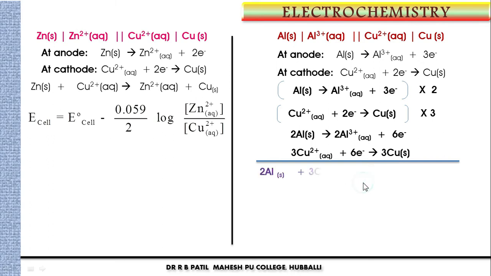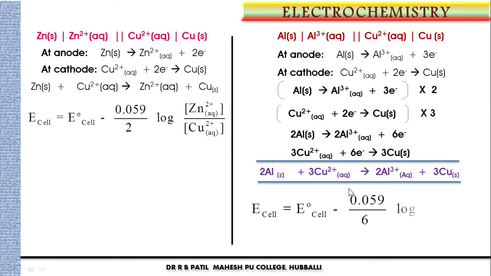Cancel electrons, remaining you can write as a net cell reaction, and for this cell reaction you can write Nernst equation. So number of electrons involved is equal to 6 because Al converted to Al3 plus, but 2 are there, hence 3 plus 3, that is 6. Product ion concentration to the power number of moles, that is 2. Reactant ion to the power number of moles, that is 3. That is what we have written, students.